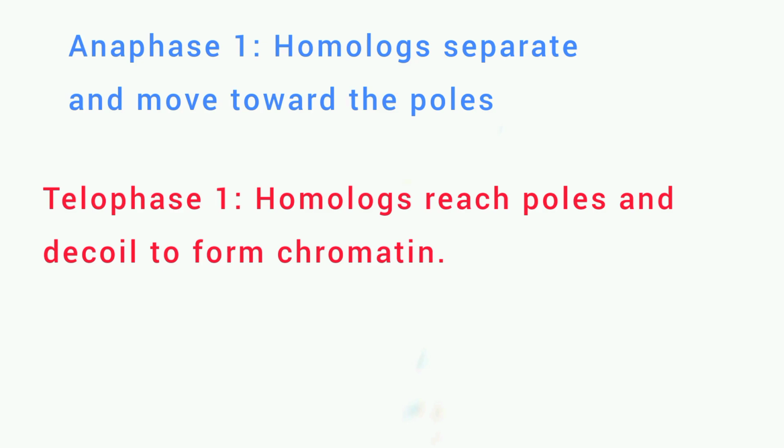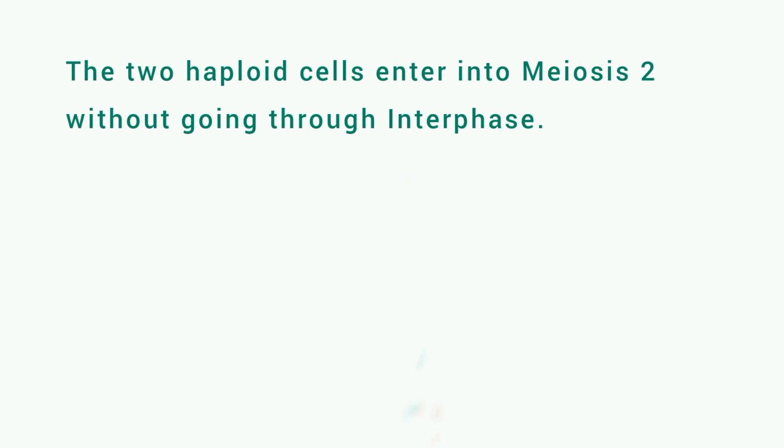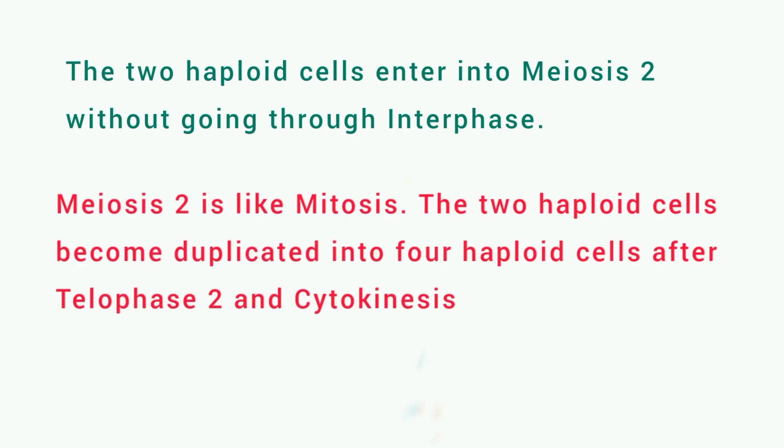In telophase 1, they are going to reach the poles and decondense to form the chromatin, and then cytokinesis is going to happen again, but this time two haploid daughter cells will be formed, and they're going to enter into meiosis 2 without going through interphase. Meiosis 2 is basically like mitosis.